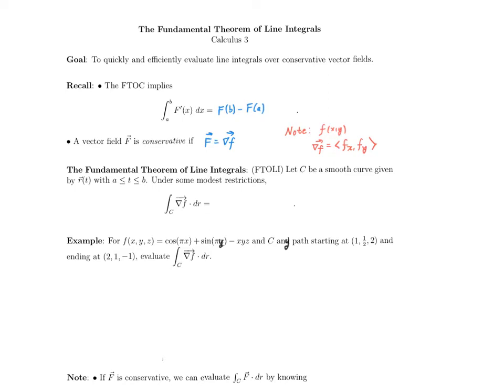Now that we've had a few reminders, let's go ahead and state the fundamental theorem of line integrals, which I will abbreviate whenever possible as ftoli, and you are certainly more than welcome to do so as well. So if we have a curve C given by a parametric description R of t, under some reasonable restrictions, we have the following formula.